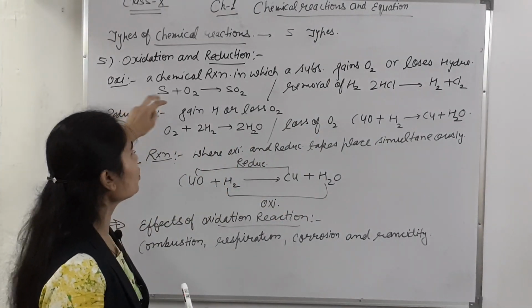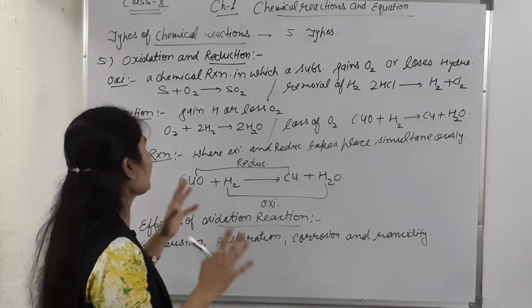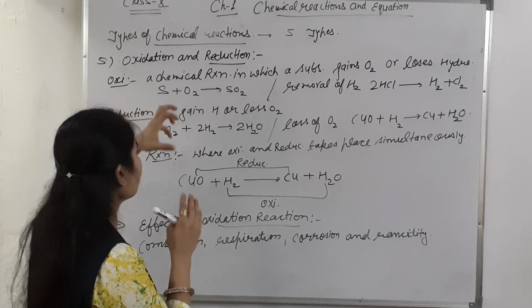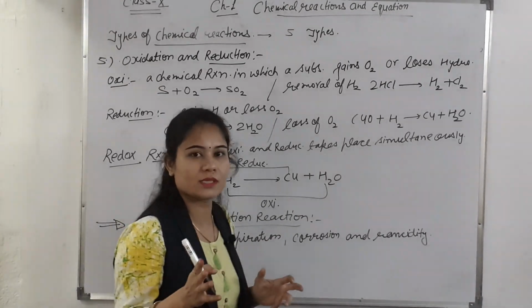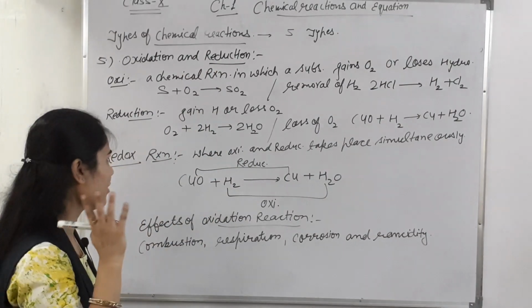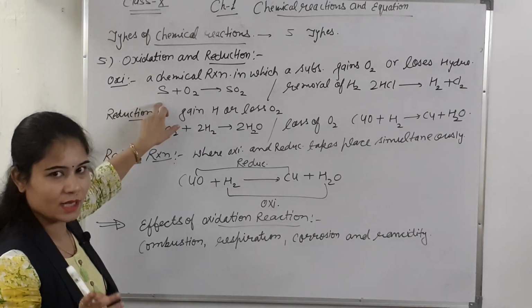So we have two different examples. I am giving you both examples with respect to oxidation, so that you understand what exactly oxidation is, with the help of oxygen or with the loss of hydrogen. S plus O2, where S is the symbol of sulfur.